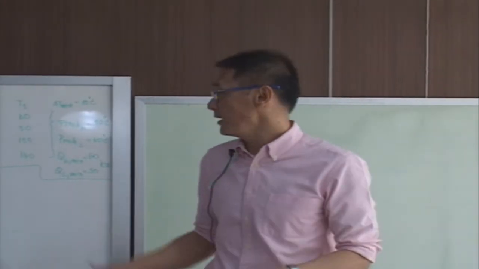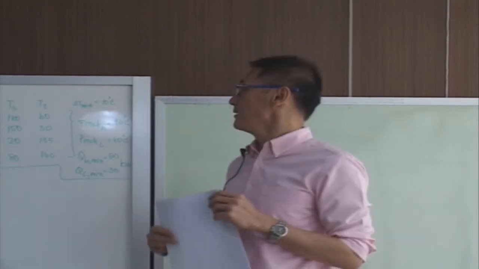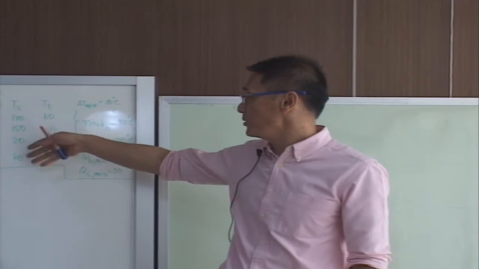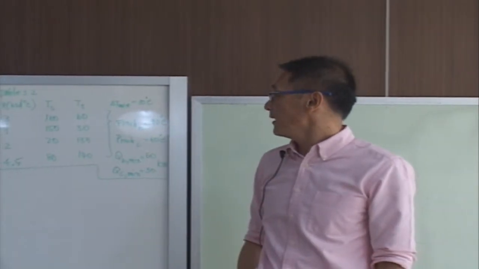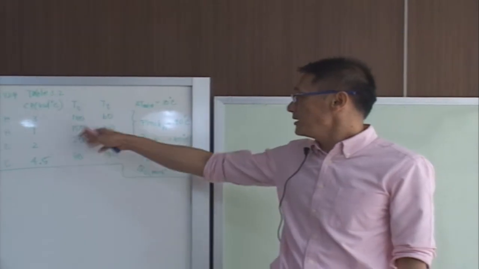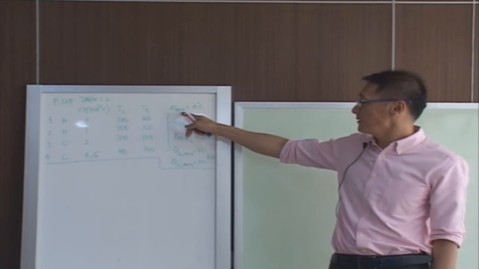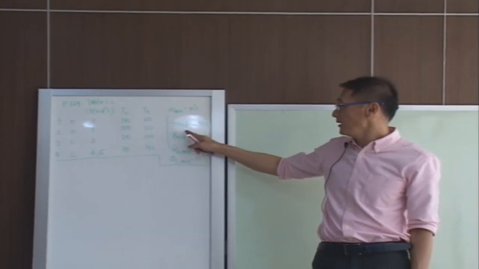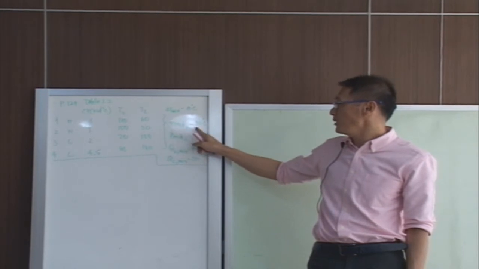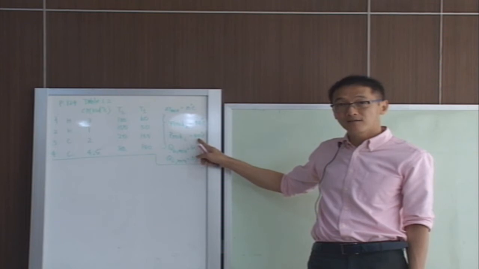Hello everyone. We now continue the example from last study. We consider four streams, two hot and two cold. According to this system, under the criterion of delta T minimum equal to 10 degrees Celsius, we found that hot pinch will be equal to 90 and cold pinch will be equal to 80 degrees Celsius.